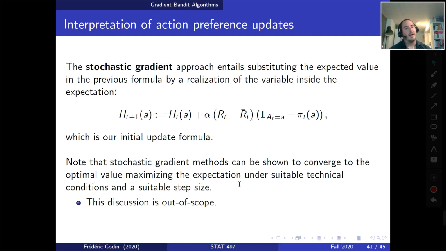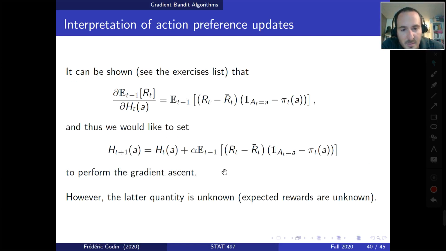However, instead of performing a gradient ascent, we will perform what we call a stochastic gradient ascent. So in a stochastic gradient ascent, let's go back one slide. This term is unknown, but what we will do is replace this term by an unbiased estimate of this term.